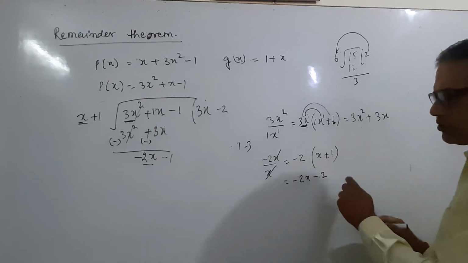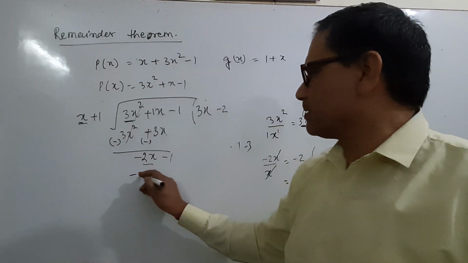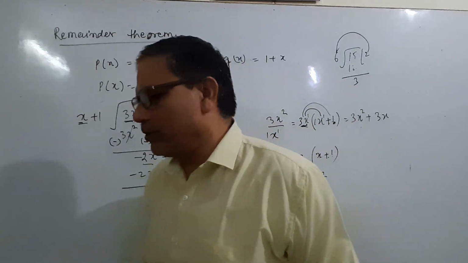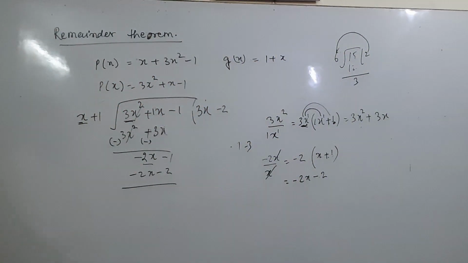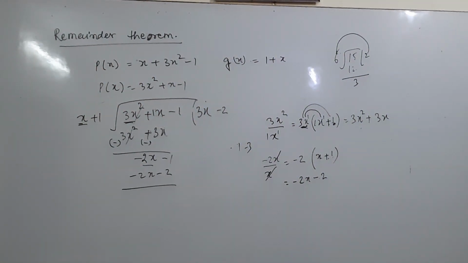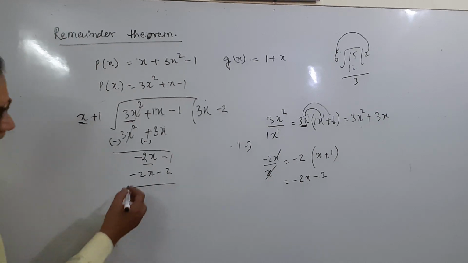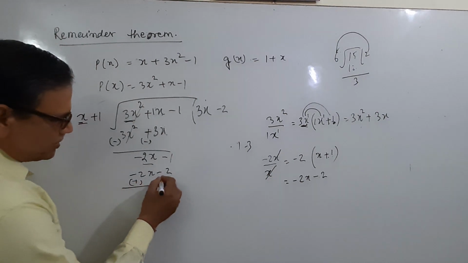So minus 2x and minus 2. And now, what do we do now? Now you tell me what I will do. Sign change. Here is plus.